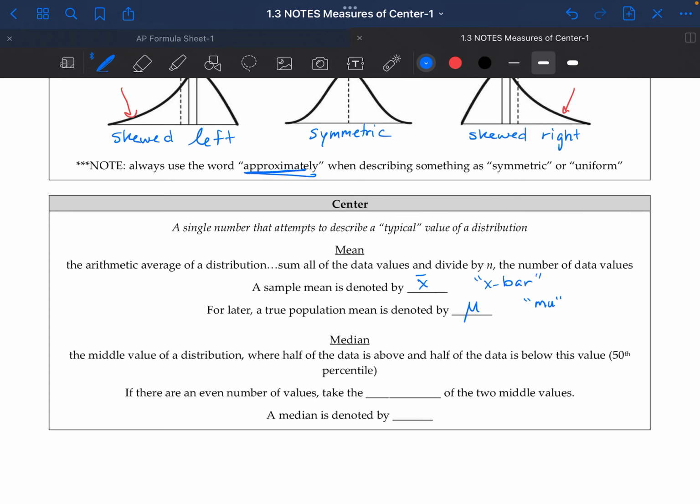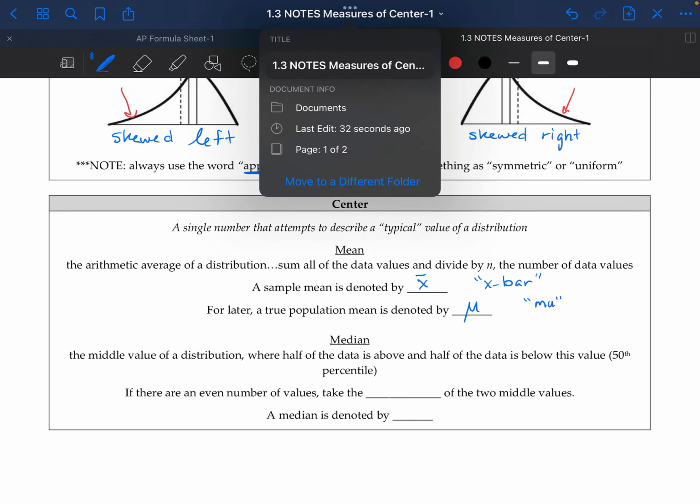Not meow, not moo, mu. If you see that, that's letting you know this is a population. This is trying to talk about the whole thing. We'll get to that later, because oftentimes we don't actually know every single data value in a full population. A lot of what we do in statistics is trying to think about that and figure that out.